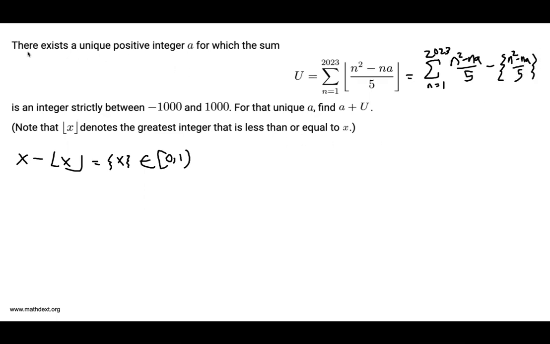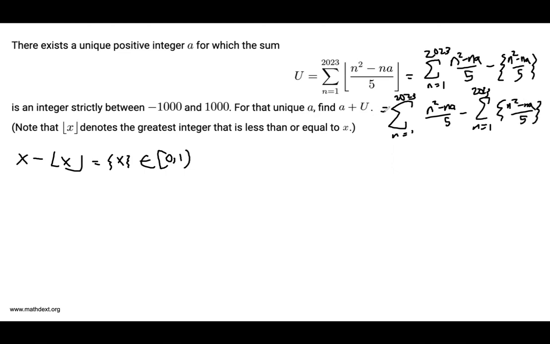And we can rewrite that as a difference of two sums: the sum from n equals 1 to 2023 of (n squared minus na) over 5, minus the sum from n equals 1 to 2023 of the fractional part of (n squared minus na) over 5.